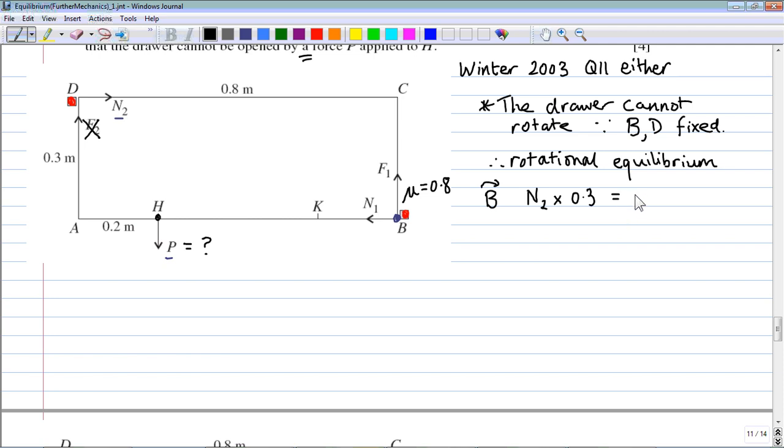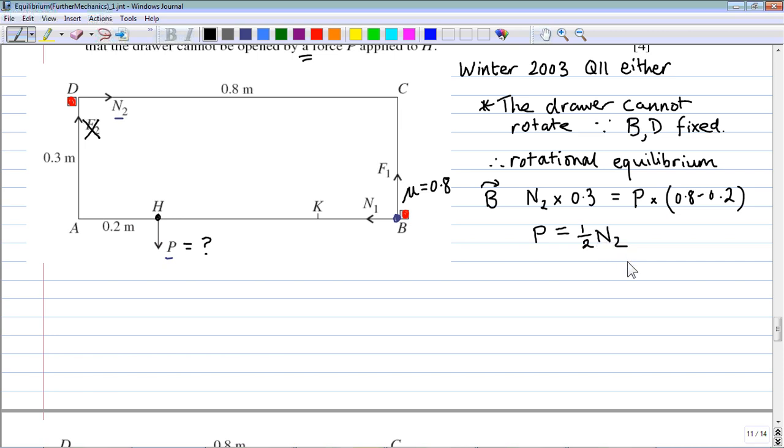Yep, that's right, we need the force P multiplied by its perpendicular distance from the pivot, which in this case is 0.8 minus 0.2 or 0.6. So we have a nice simple relationship there, that P is 1/2 of N2.